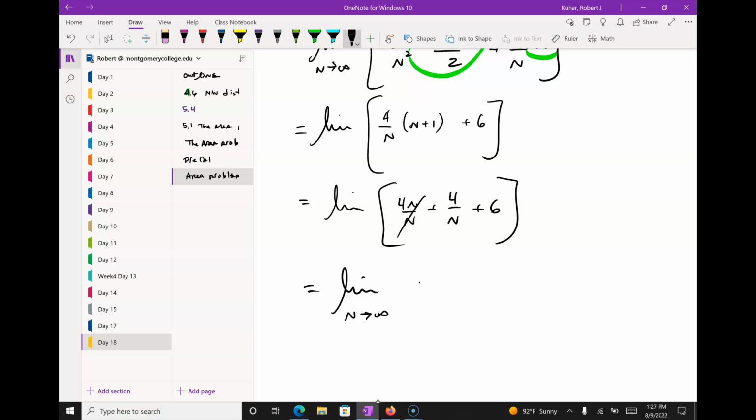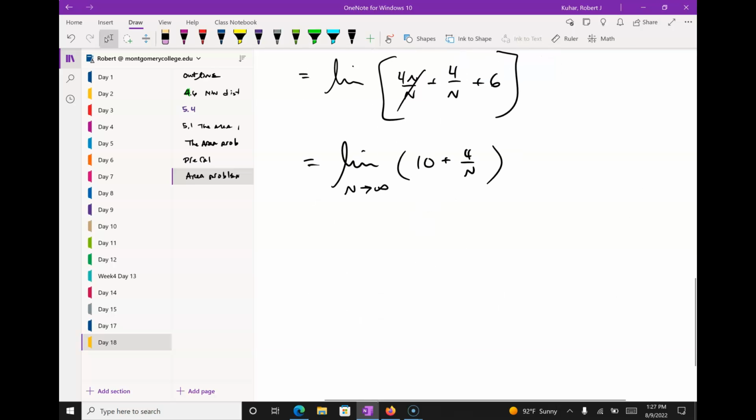Looks like I get 10 plus 4 over n. What is the limit as n goes to infinity? Well, 10 stays 10. What happens to 4 over n? Goes to 0, and there it is.